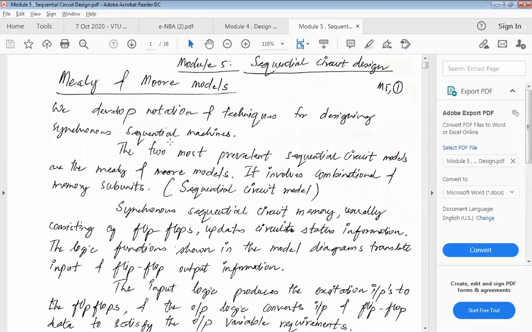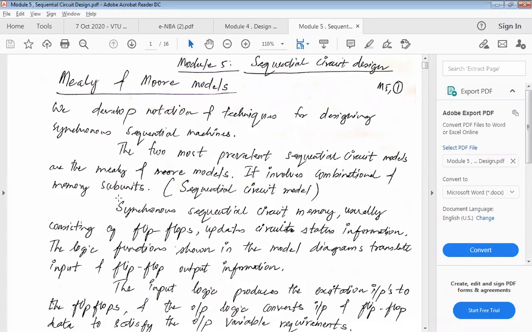Right. So we develop notation and techniques for designing synchronous sequential machines. The two most prevalent sequential circuit models are Mealy and Moore models. So these two are the most used sequential circuit models. It involves combinational and memory subunits.